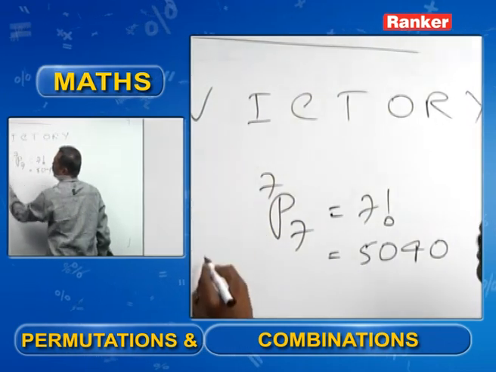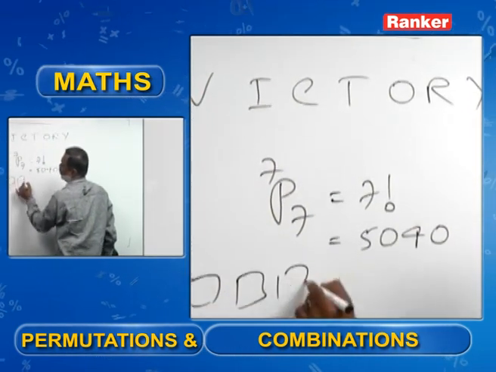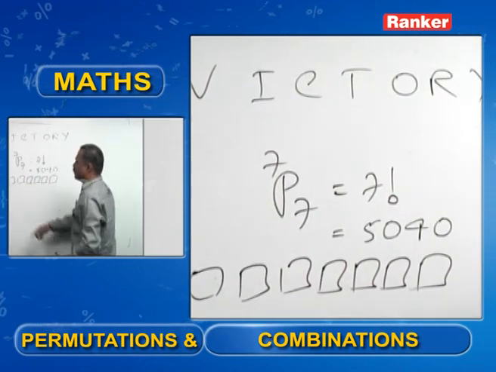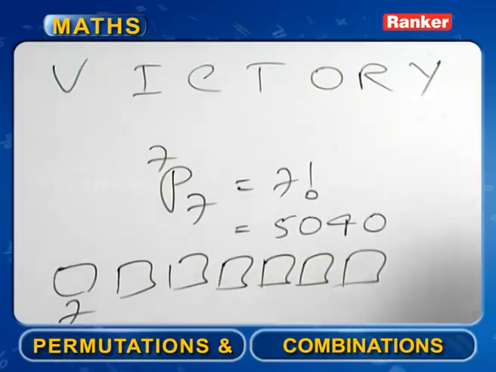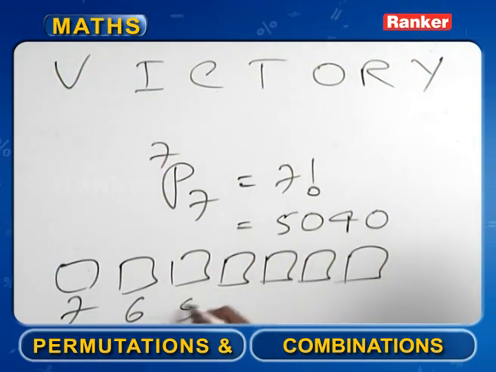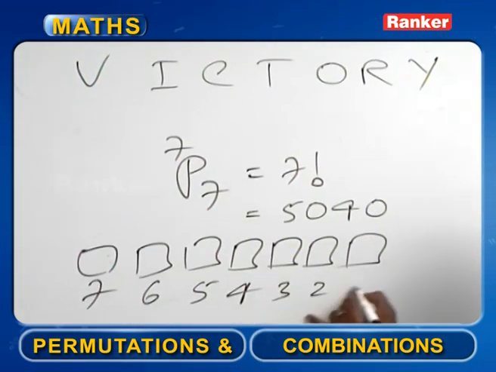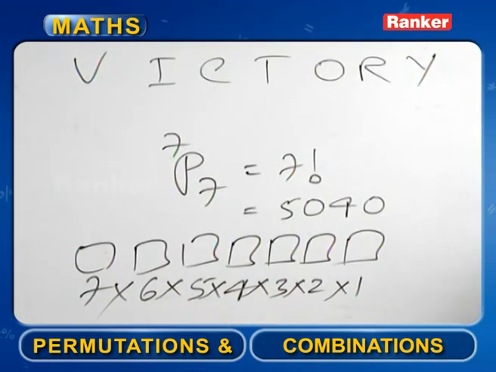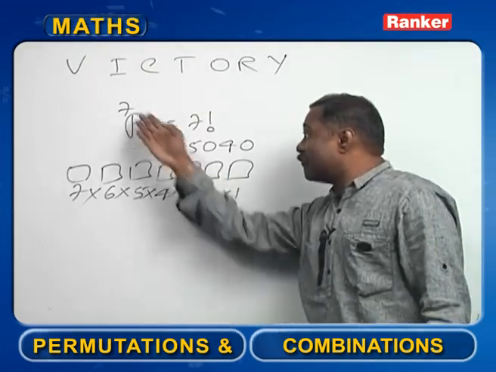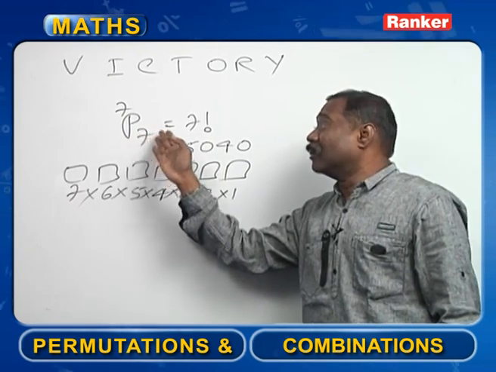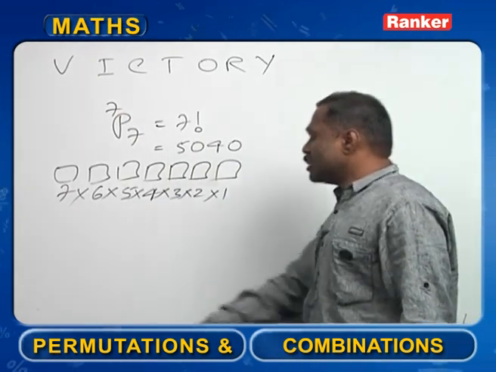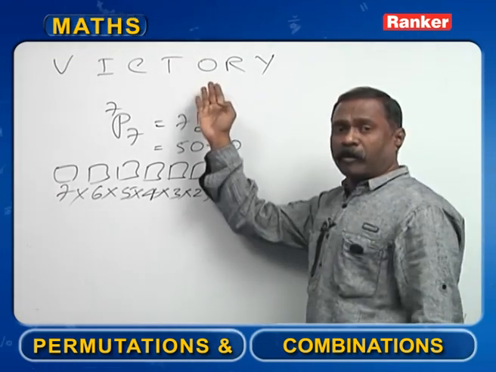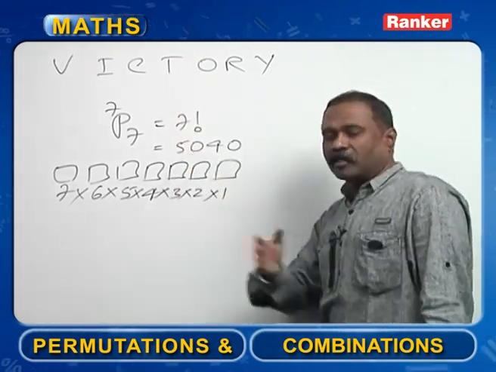How many blank places do we require? 7 blank places. The first blank place can be filled in 7 different ways, second one 6, third one 5, 4, 3, 2, 1, which is nothing but 7 factorial using the principle of counting, which is nothing but 7P7. We have just now derived the permutation formula. So the total number of different arrangements that can be got from VICTORY is 5040.